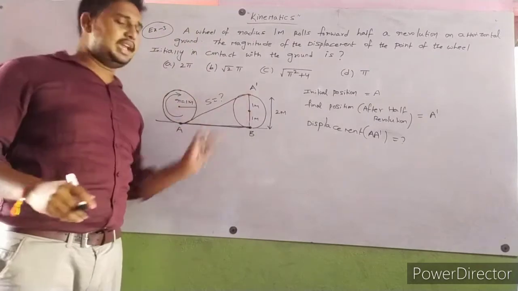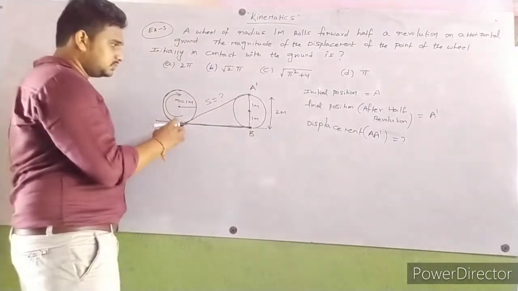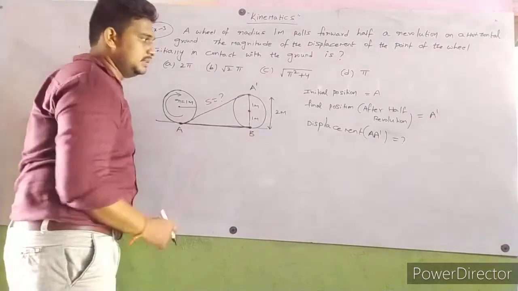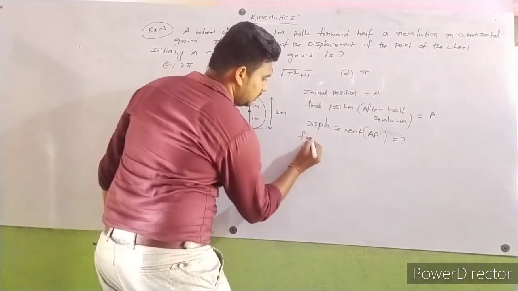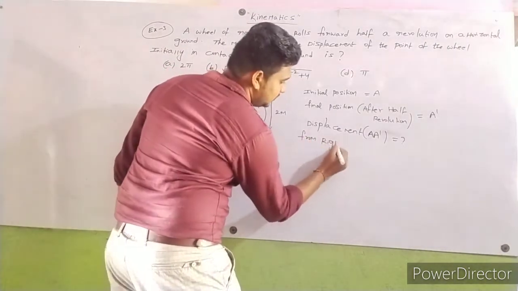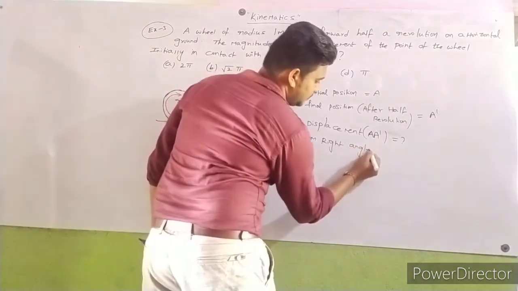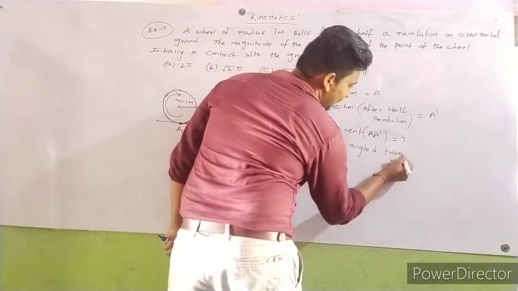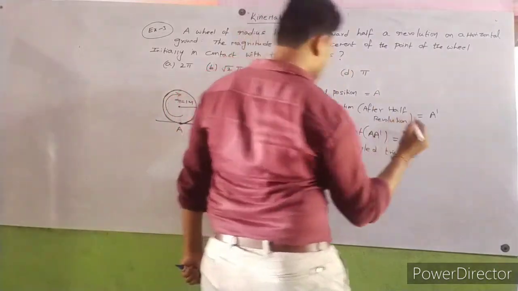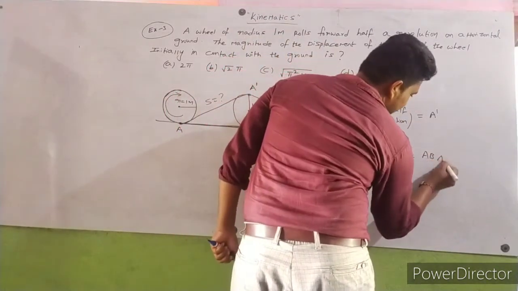So how do we find this A dash? Observe carefully, here is the right angle triangle A B A dash.